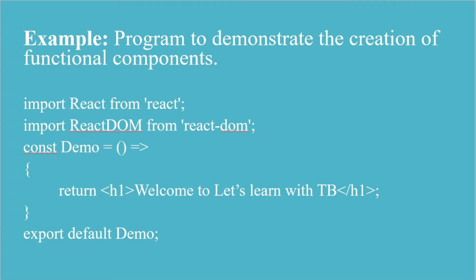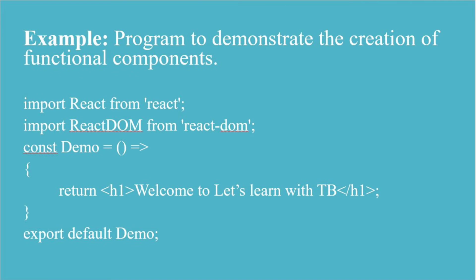As I have already mentioned, we need to return some HTML code from our functions to render it and show some output on our front end. Here we are returning an h1 tag, and it will return "Welcome to Let's Learn with TV". This is the output we'll get once we execute this program.